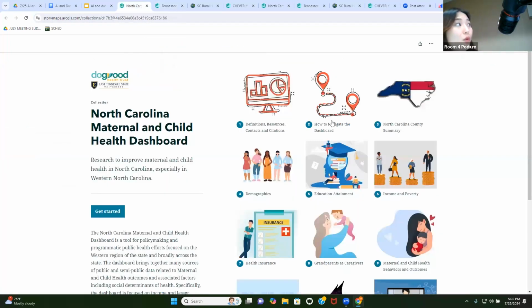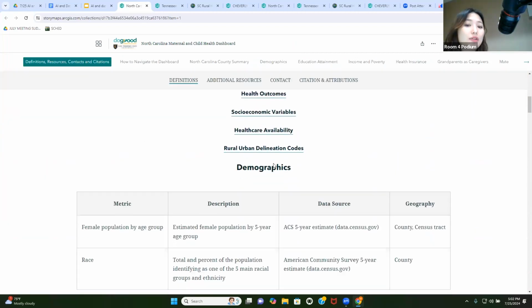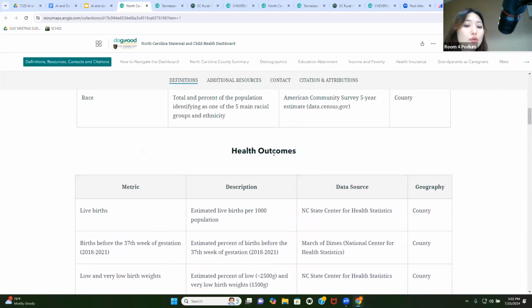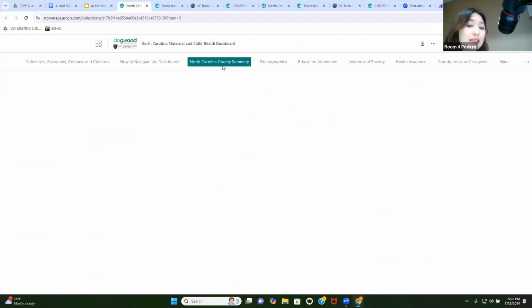The North Carolina one is funded by Dogwood Health Trust, a hospital system in North Carolina, and they care about Western North Carolina and the maternal and child health related population. Here is a detailed table to record everything and keep everything on track, and how to navigate this.